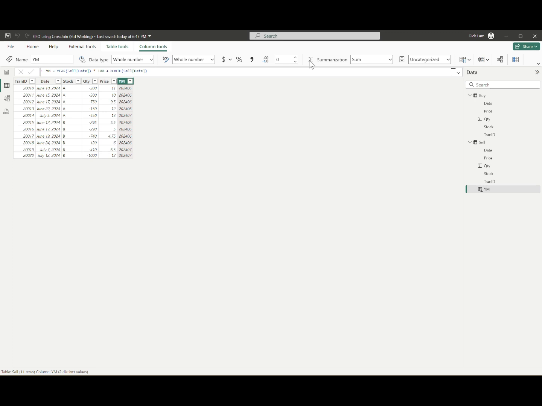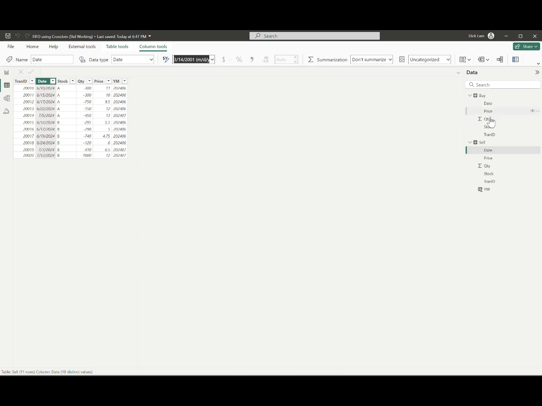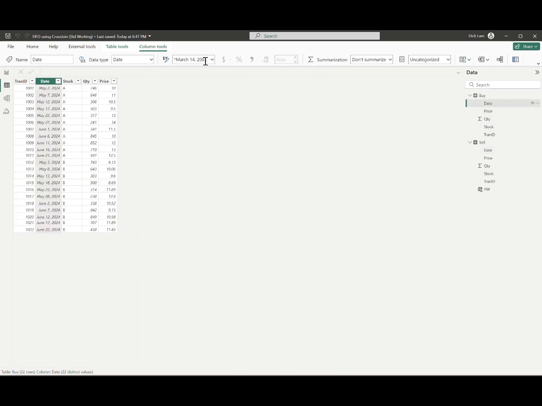But to me, because I put everything based on the sales transaction, therefore, July 27th for stock A would be the month end date. All right, the last day of July. So I need to check if the date is the last day of the month, bracket, last transaction date. Okay. I find that the date, I need to reformat it to this one. And then the date in the buy data table, I should do the same.